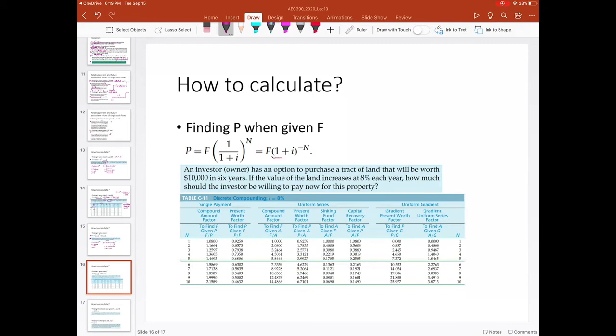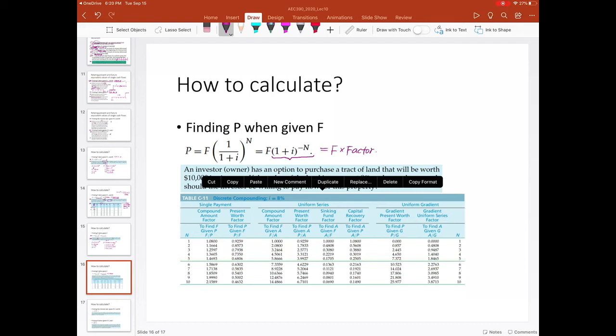Also, we can use the table method. Okay, look at this equation. This is also a term somebody can calculate for you in advance. Okay, they just use different combinations of I and N. And so that you can write this as F, the future value, times a factor.